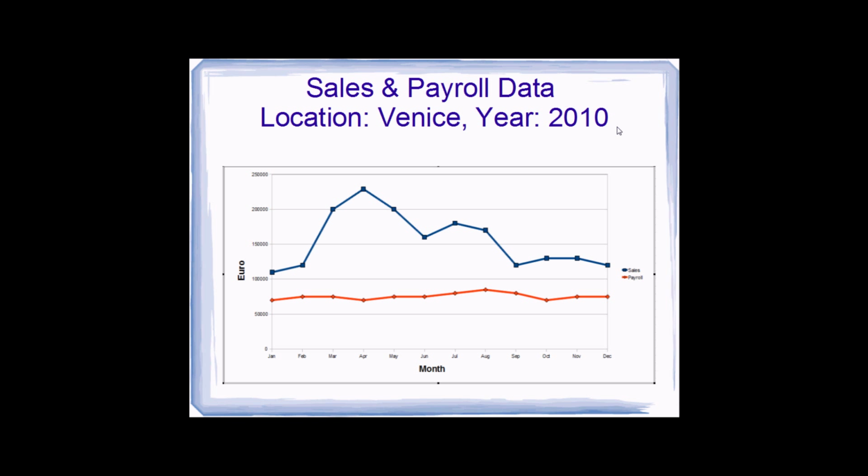So when we define this data in Archimedes, we will have one control parameter, which is the month, because the month is the one parameter which keeps on changing. We then have two output parameters, the sales data and the payroll data.